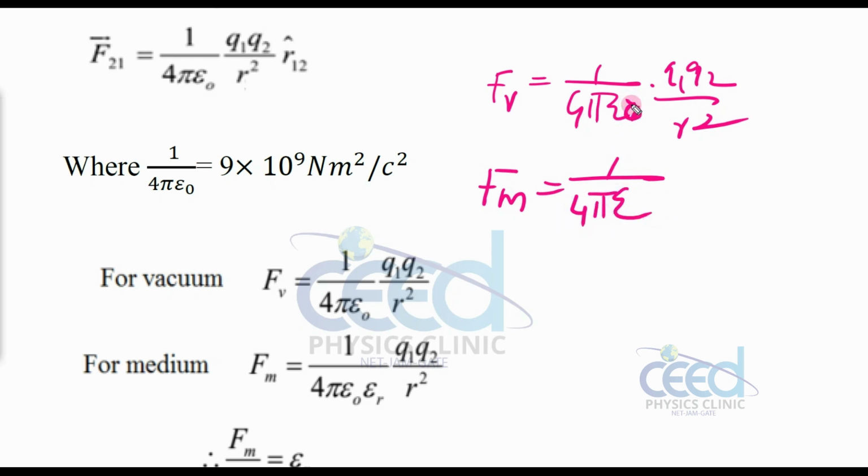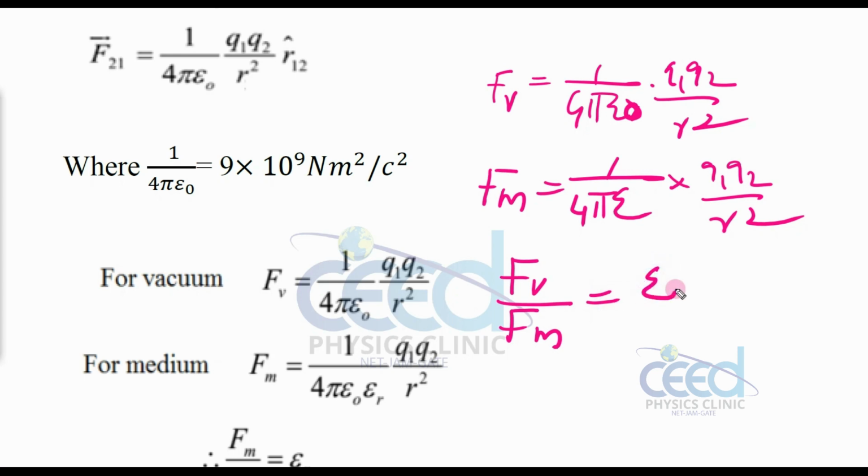Instead of the permittivity of free space that we use in vacuum, if it is a medium, we will use 1 by 4 pi epsilon, where epsilon is the permittivity of the medium, right? Now if you divide Fv by Fm, what you get is epsilon by epsilon 0.